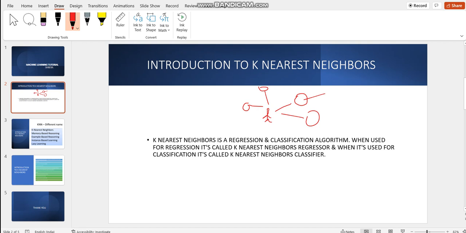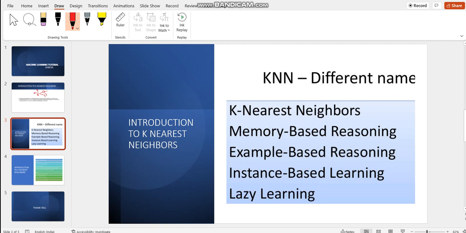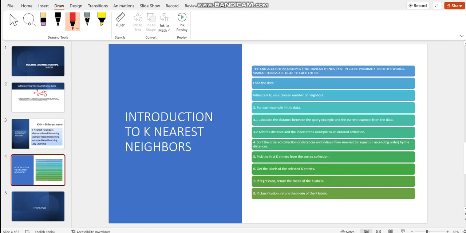As you have seen, there are five names for the k nearest neighbor. And talking about how it actually works, as I said, the KNN algorithm assumes that similar things exist in close proximity.